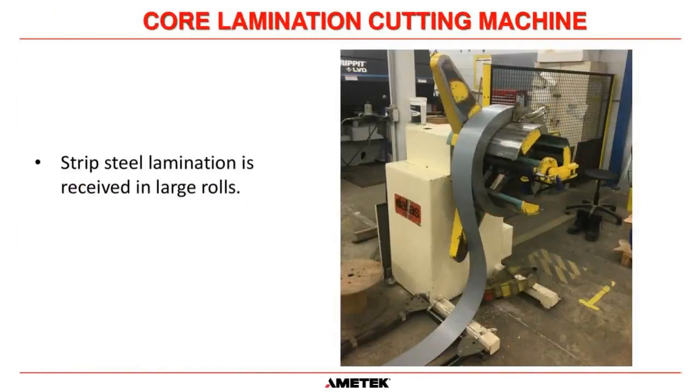Here is the strip steel on a roll. That's how we receive it. Now, this roll is almost empty at this point. The roll is considerably larger than that when it first comes in, so there's been a lot of steel taken off of this one.